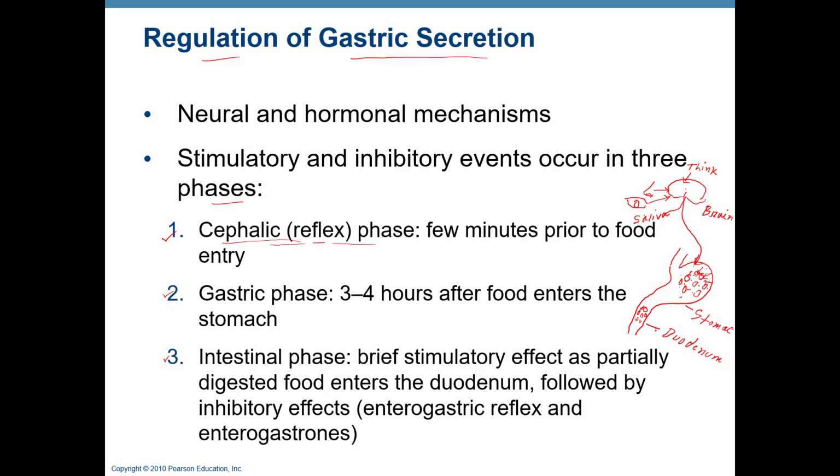Now duodenum checks the status of the partially digested food, and if the duodenum thinks that the digestion was not enough, that the stomach has to digest more, it will send a signal to the stomach, to the gastric gland, and tell the gastric gland of the stomach to secrete more acids or enzymes to do a better job, to digest more.